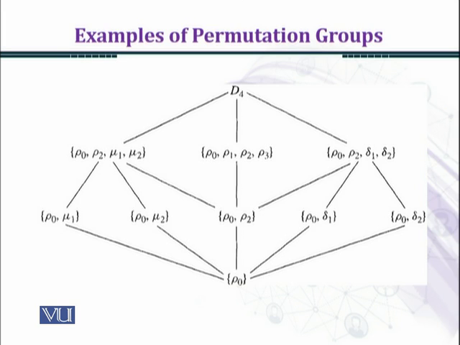And we have the following subgroups of order 2: rho naught with mu 1, rho naught with mu 2, rho naught with rho 2, rho naught with delta 1, and rho naught with delta 2, because the orders of mu 1, mu 2, rho 2, delta 1 and delta 2 are 2. Then we have the singleton identity element, and this is the subgroup diagram of the fourth dihedral group D4.